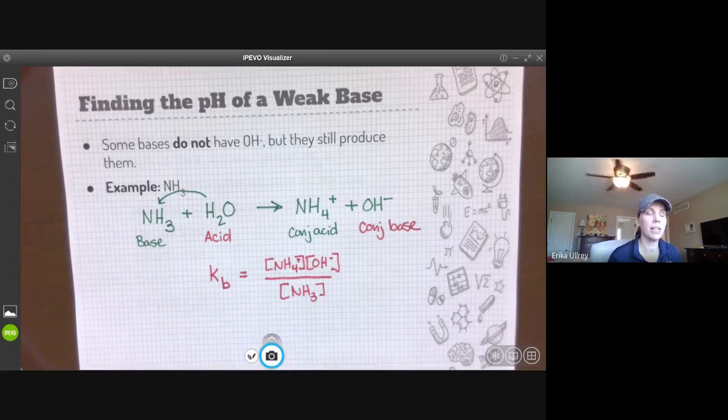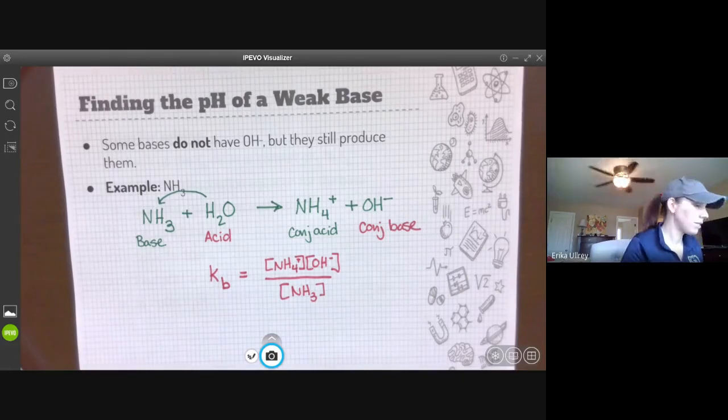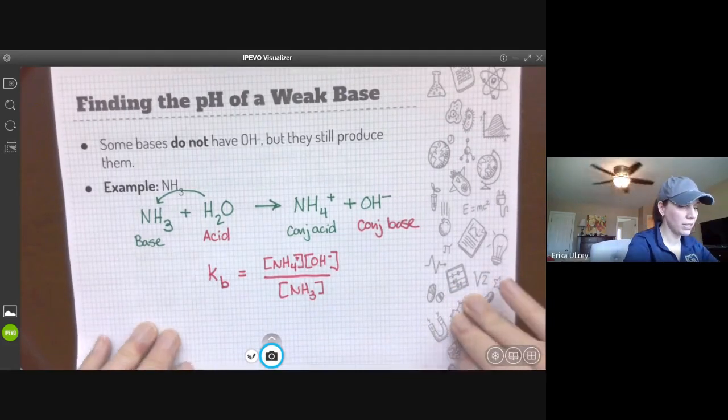And instead of setting our equilibrium expression equal to Ka, we would set it equal to Kb because we're dealing with a base. And that's all the b stands for, is the equilibrium constant of a base, whereas Ka is the equilibrium constant of an acid. Okay. All right. So let's take a look at the steps for solving.